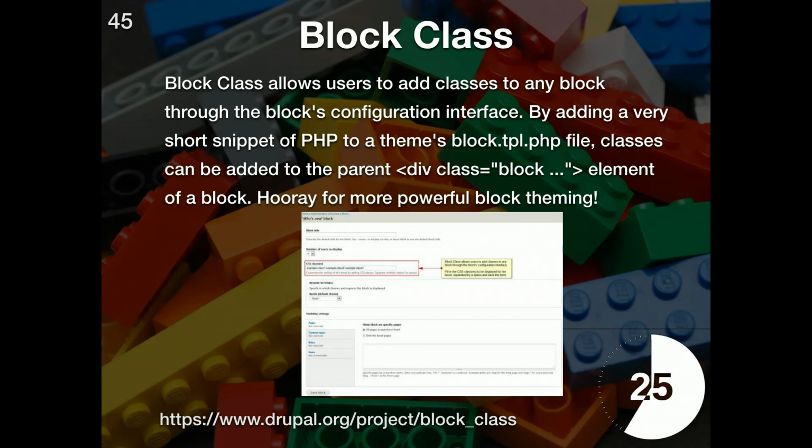And to be able to have that fit in, say, with Bootstrap or whatever layout library you have. Drupal doesn't necessarily give you the right CSS classes. So here you can define whatever CSS classes you want onto a block. And it's awesome. It makes it easier to develop stuff.